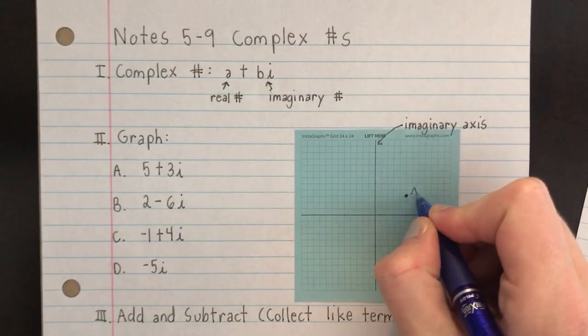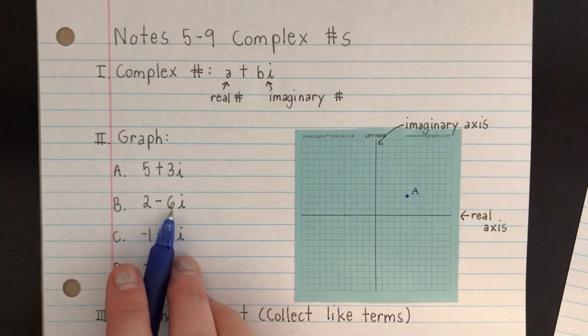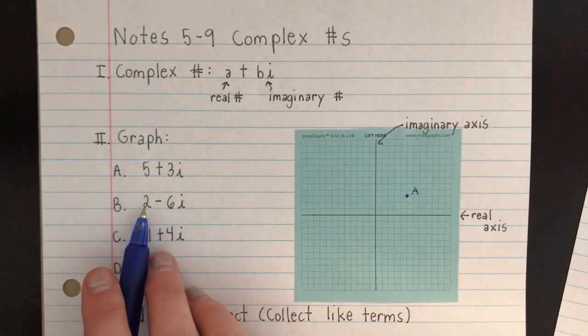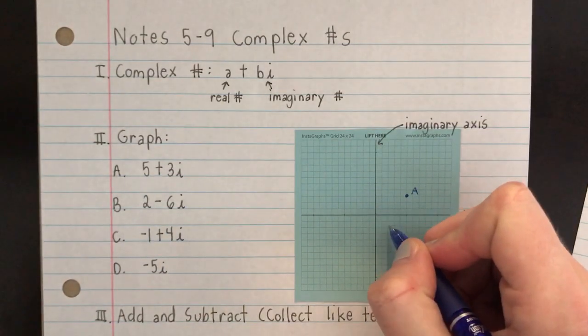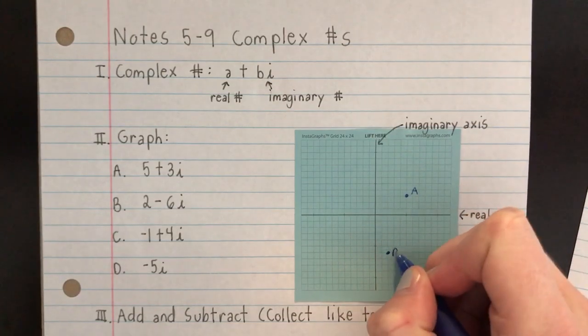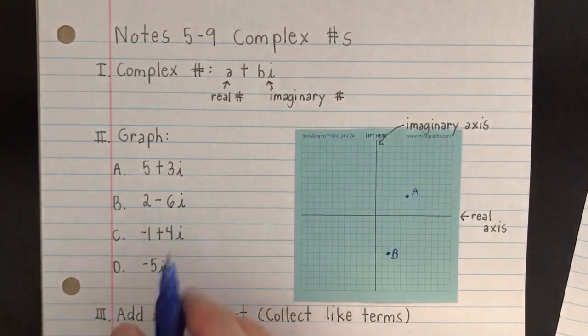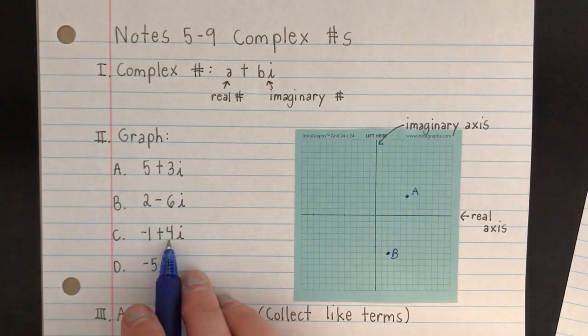And that's point A. Point B, this is the real part, this is the imaginary part, so this would be like the coordinate (2, -6). So 2, down 1, 2, 3, 4, 5, 6, that would be point B. Next, this one here, -1 and 4, so again, that's the real part, that's the imaginary part.